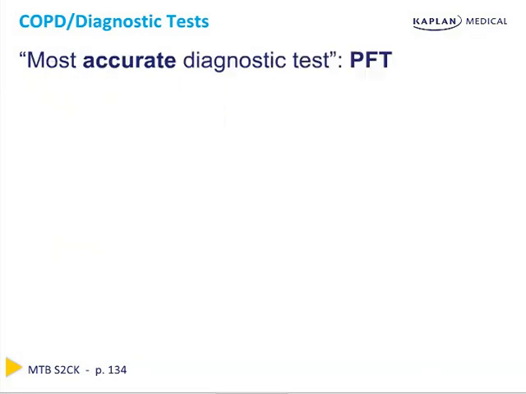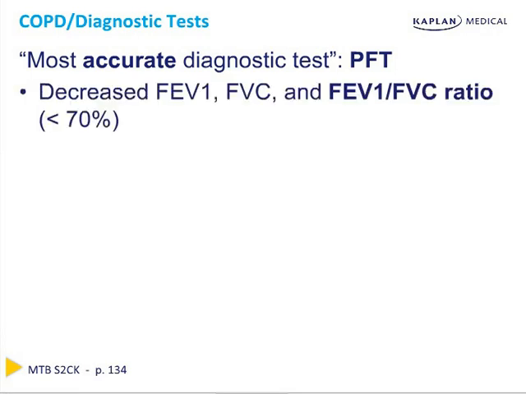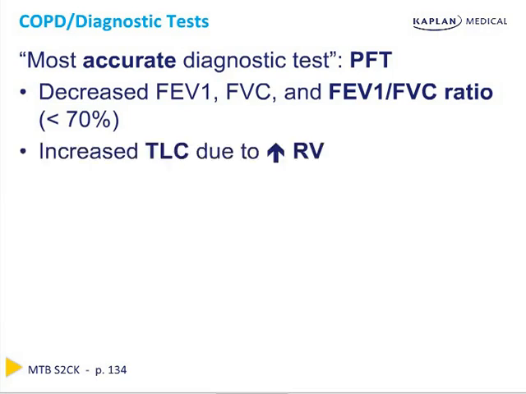If we ask ourselves a slightly different question, which is what is the most accurate diagnostic test for COPD, the answer becomes pulmonary function testing. In COPD, PFTs will reveal a decrease in the FEV1 and the FVC, and most importantly, a decrease in the FEV1 to FVC ratio, which must be less than 70% in order to diagnose COPD.